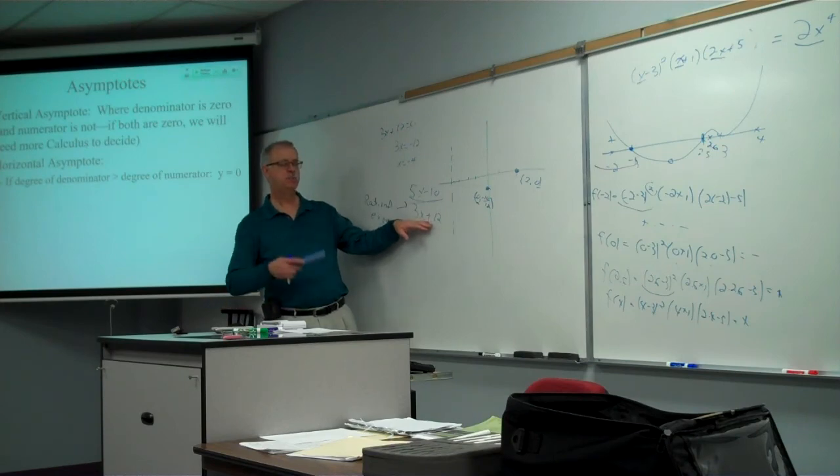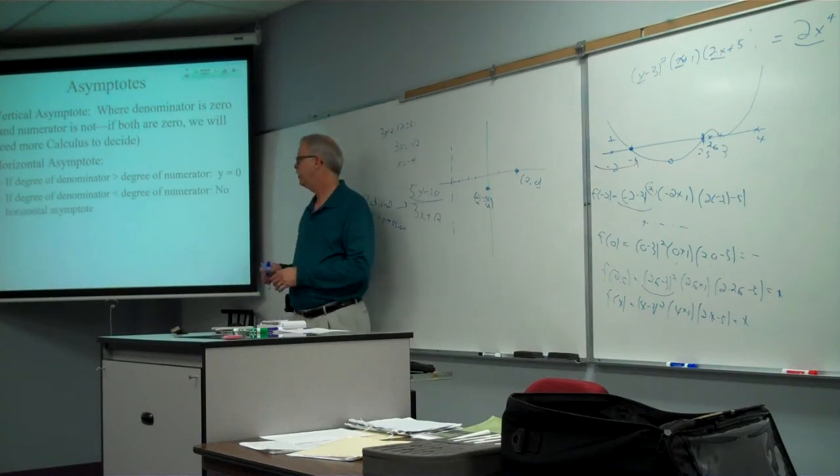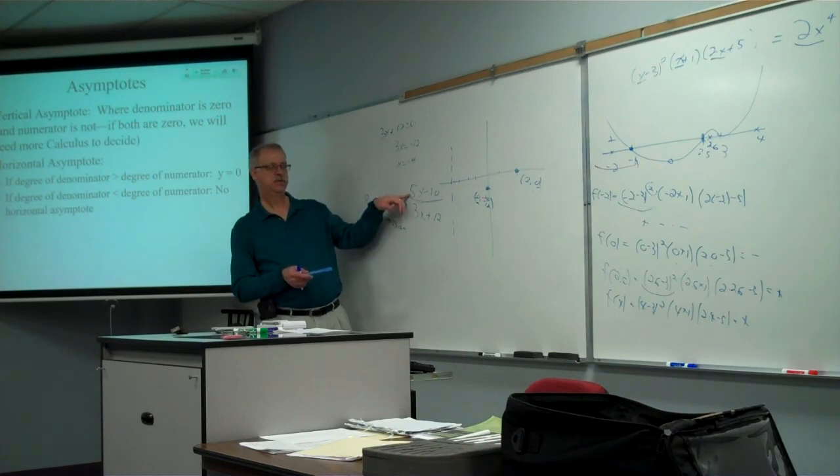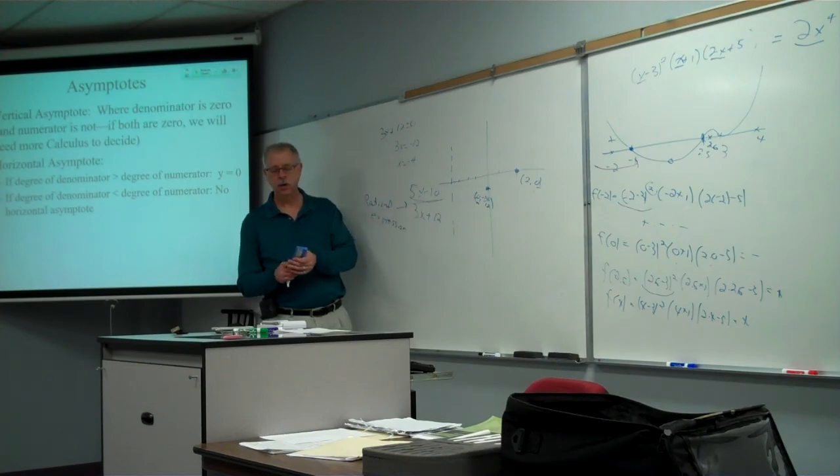The denominator gets big a lot quicker than the numerator does. If the degree of the denominator is less, so say this is an x squared and that's an x, the numerator would get big a lot quicker than the denominator, and we wouldn't have any kind of asymptote.